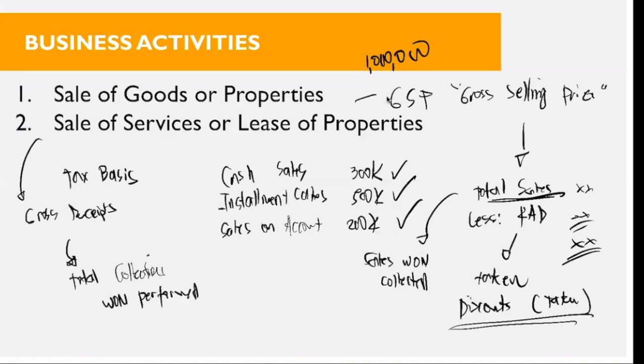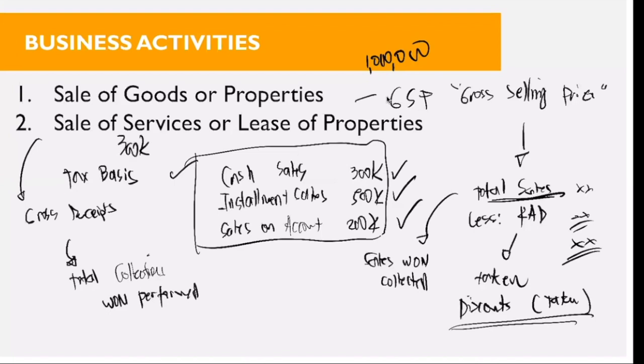So if we have the same facts, cash sales of 300, installment sales of 500, sales on account of 200,000, how much should we include on your sales of services or lease of properties? Only those collected. So that is your cash sales. So our answer here is 300,000 pesos.